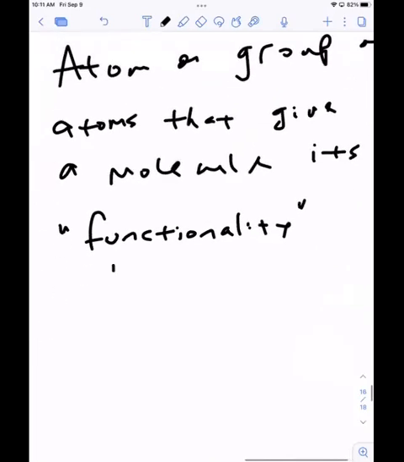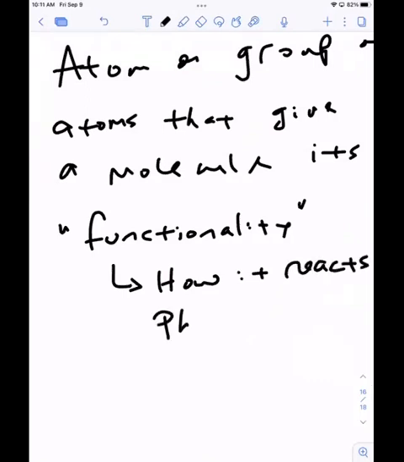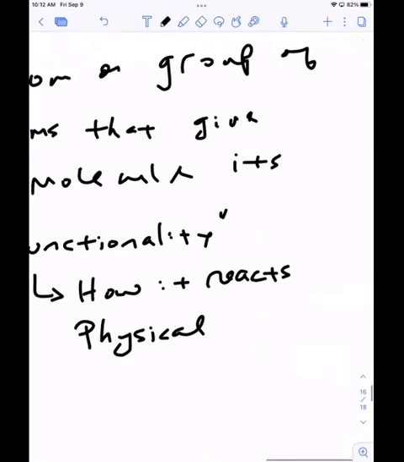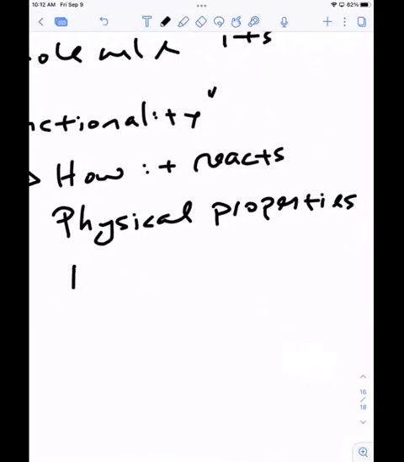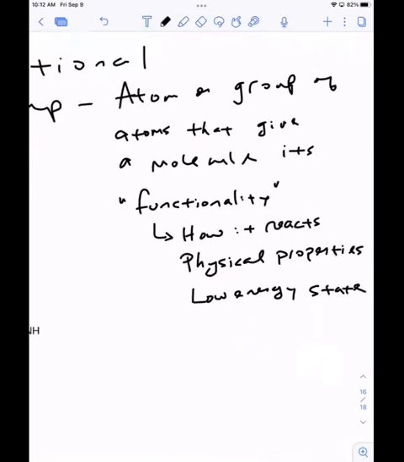What that word functionality means is how it reacts, what the physical properties are, what it's like in its lowest energy state. All of those things are consequences of its functionality, or what functional groups are present.